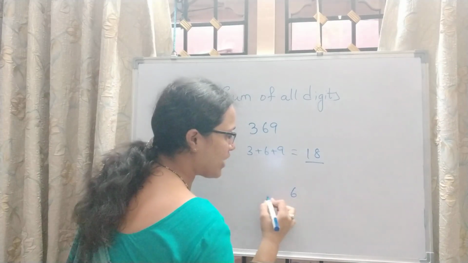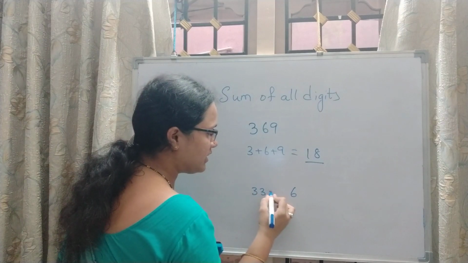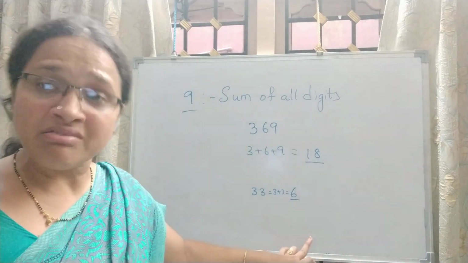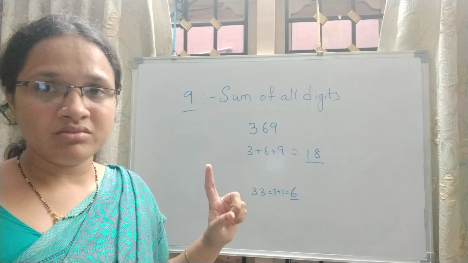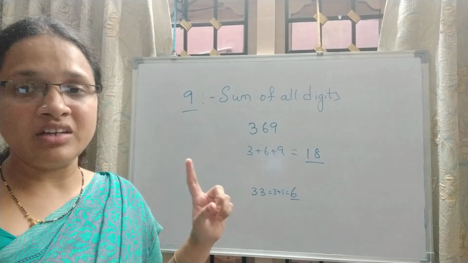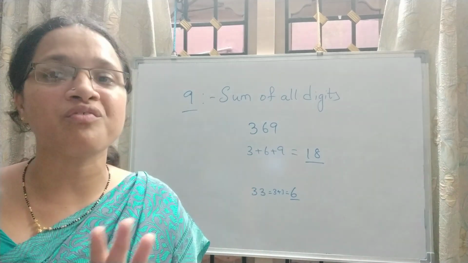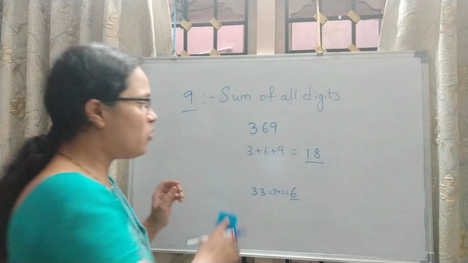But for example, if 33 is there, 3 plus 3 is nothing but 6. 6 is divisible by 3. So 33 is divisible by 3. It satisfies the divisibility rule of 3, but it does not satisfy the divisibility rule of 9. Did you understand? Is that clear now? Yes.